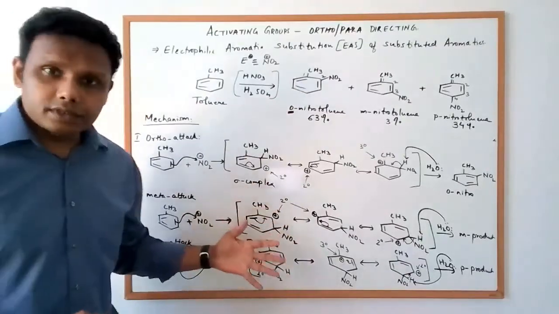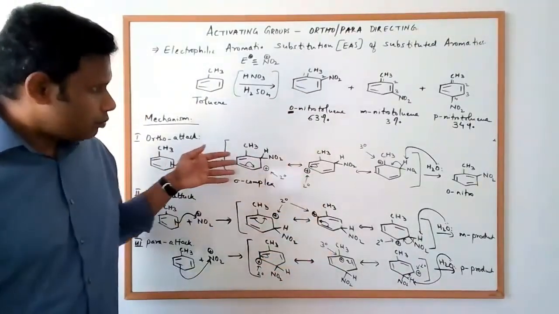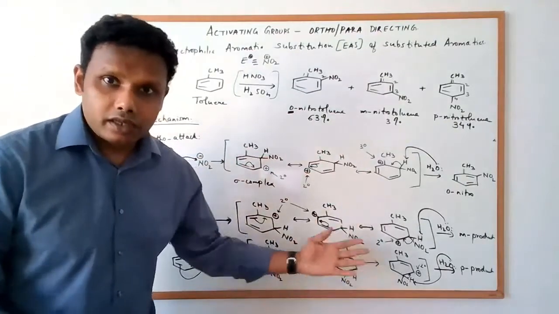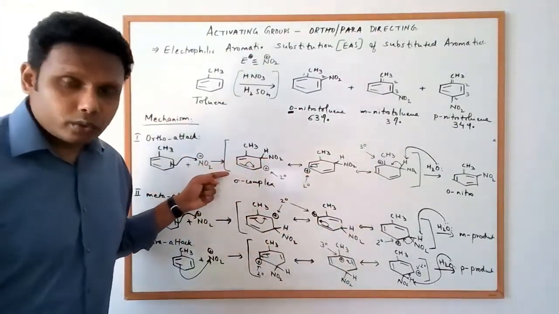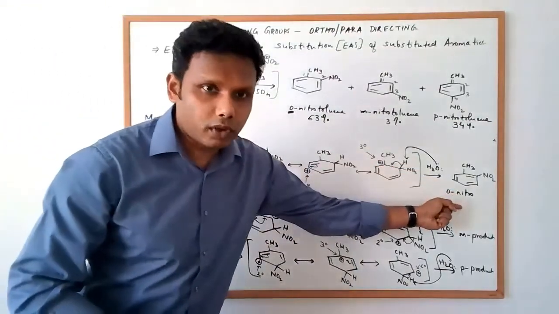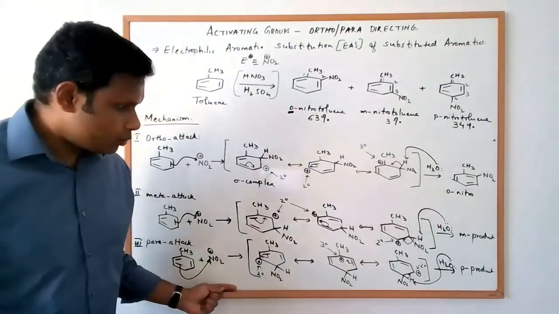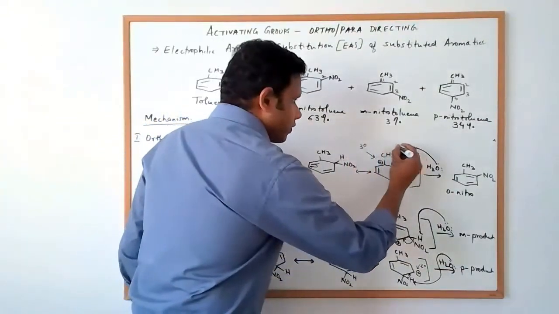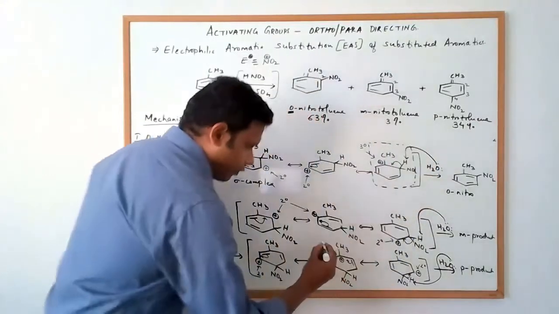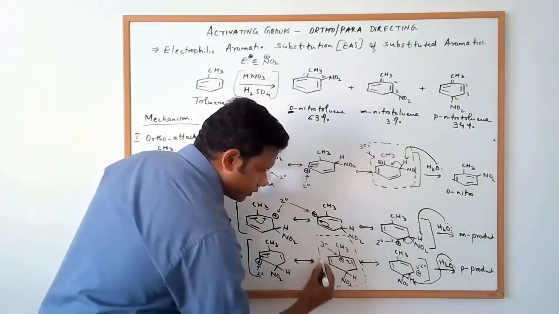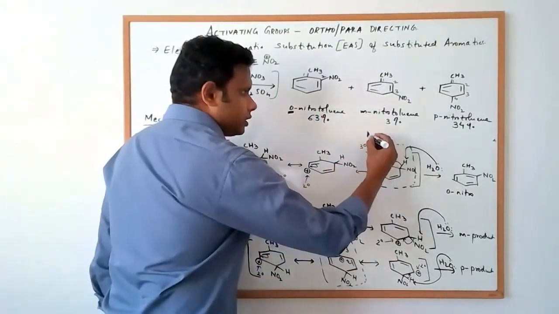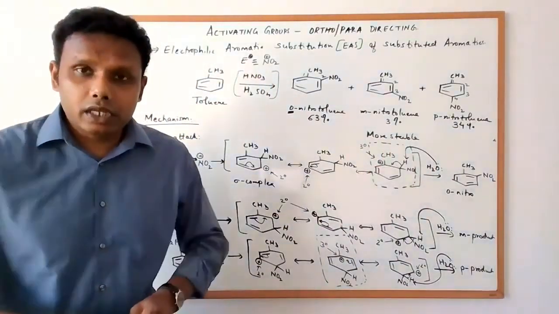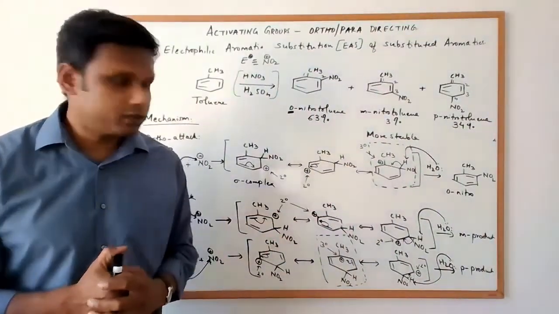So it seems like the difference between these various possibilities, ortho attack, meta attack, and para attack, is that in case of the ortho attack, which leads to the formation of the ortho product, and in case of the para attack, which leads to the formation of the para product, we have at least one resonance form for the sigma complex which is more stable because of the tertiary nature of the carbocation intermediate that's formed here.